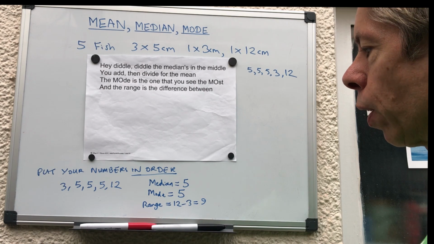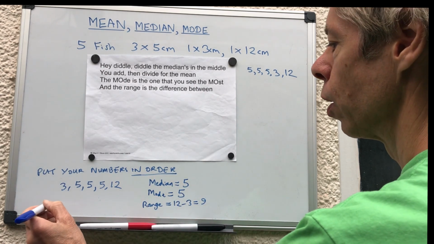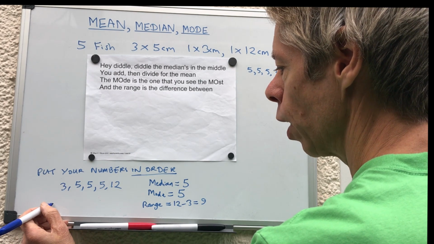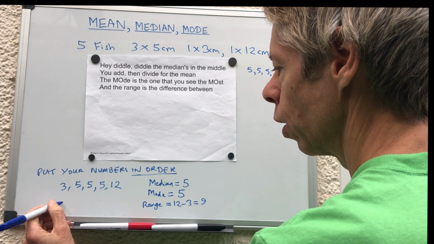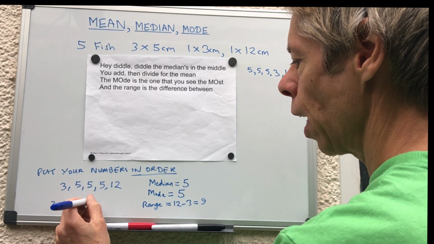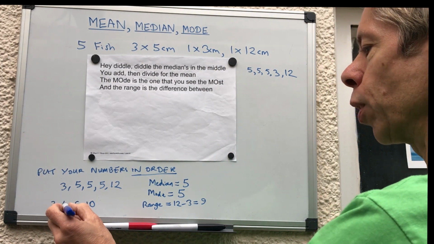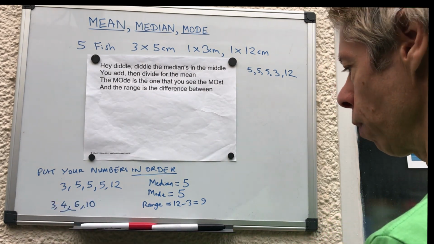Just before we move on, the median is a middle number. So say you had an even number of numbers. Say you had 3, 4, 6, 10, then you would go in between those two. So in between 4 and 6 would be 5.